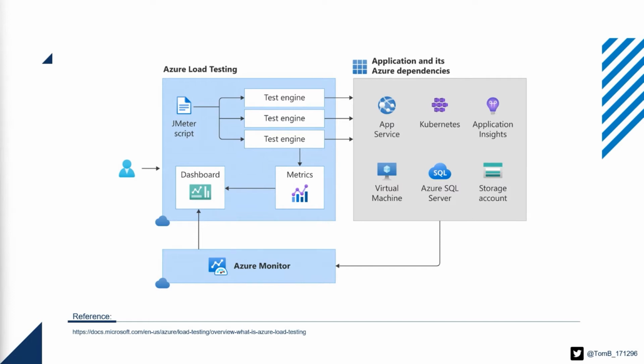When you're using an Azure-based application, you can also collect the metrics of any Azure application that you're using and its dependencies. So when you're testing your web service that's running on the app service in Azure, you can also collect metrics like CPU usage, memory usage, and any other metric that you want to collect from that app service and its underlying service plan.